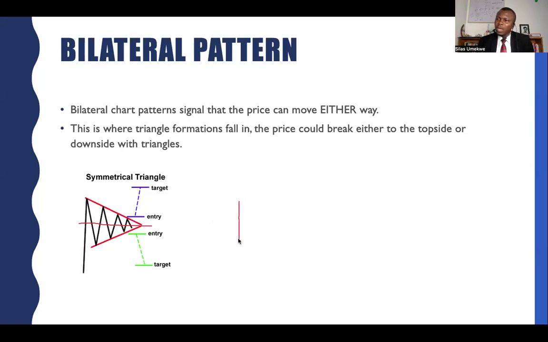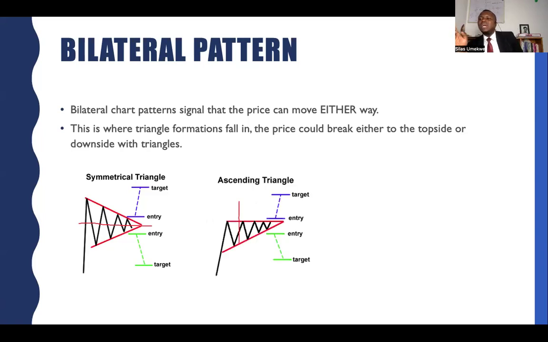Right? Then the next one we have is the ascending triangle. The difference between an ascending triangle and an ascending wedge is that the top is a resistance, please take note. This line is straight, it's not rising anywhere. So it can break this side or break this side.